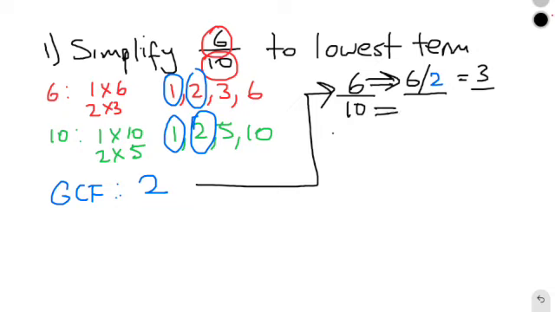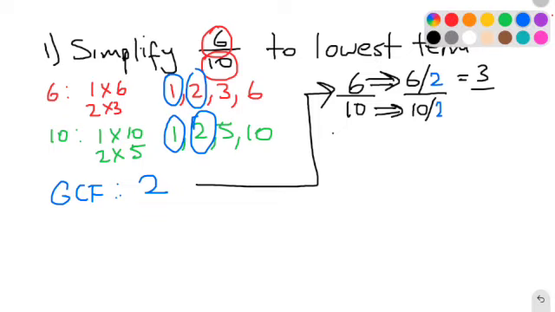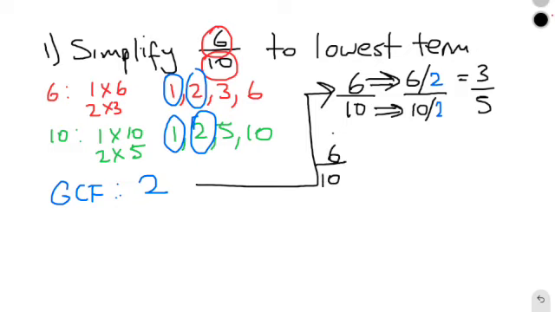And in the same way, we want to look at 10. 10 divided by the greatest common factor, which is 2, is equal to 5. So 6 tenths, when simplified, is going to equal 3/5.